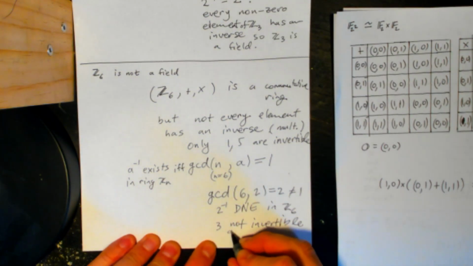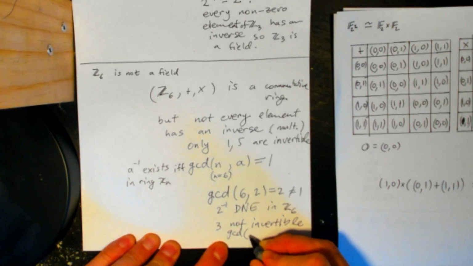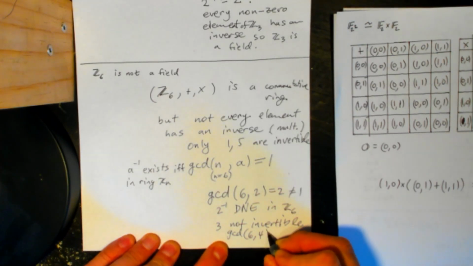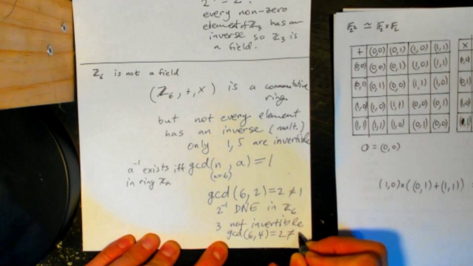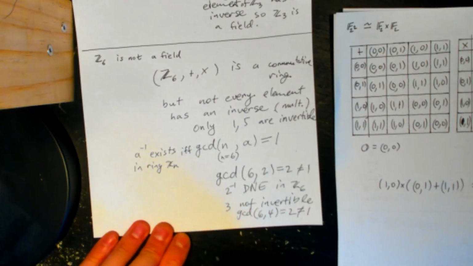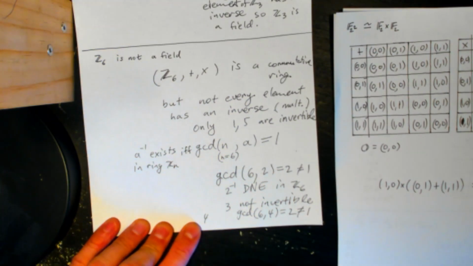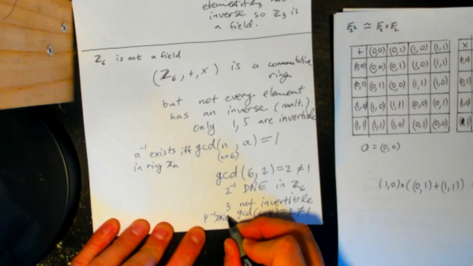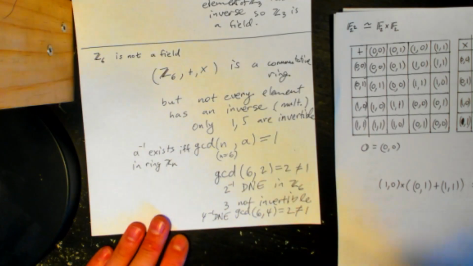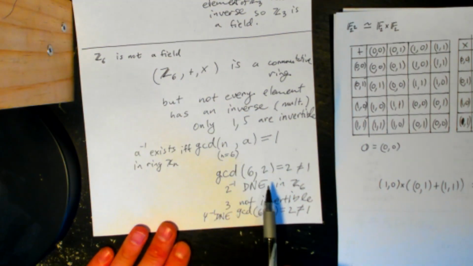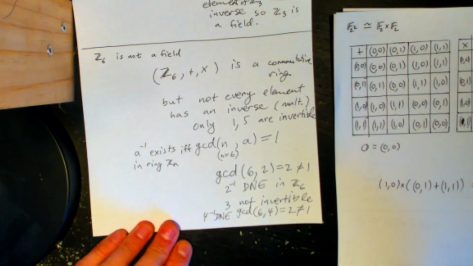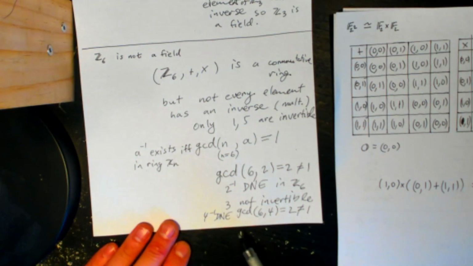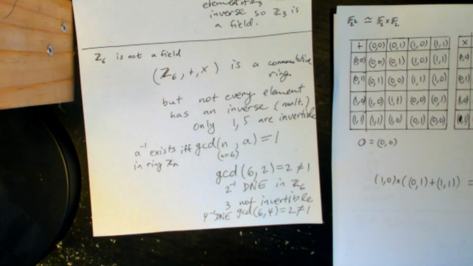So I'll just write that out: GCD of 6 and 4 is equal to 2, and that's not equal to 1. So 4 inverse does not exist. But 1 and 5 do have inverses because the GCD of 6 and 5 is 1. GCD of 6 and 1 is 1. And 6 is the same as 0, so we don't need to consider 6.